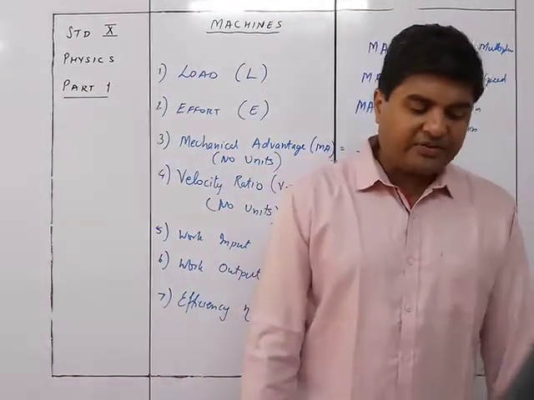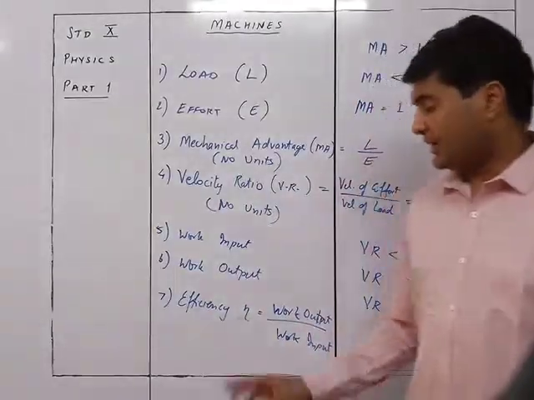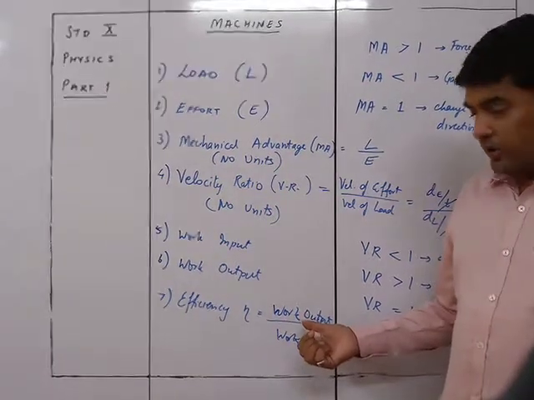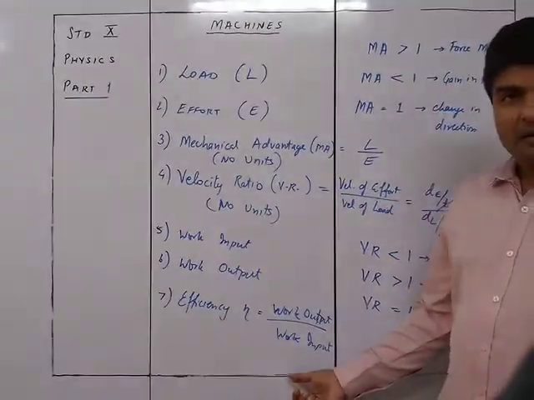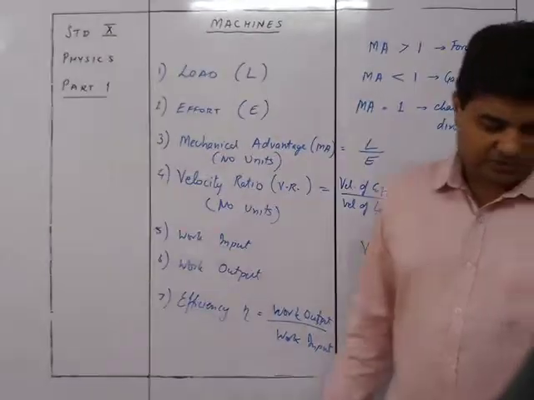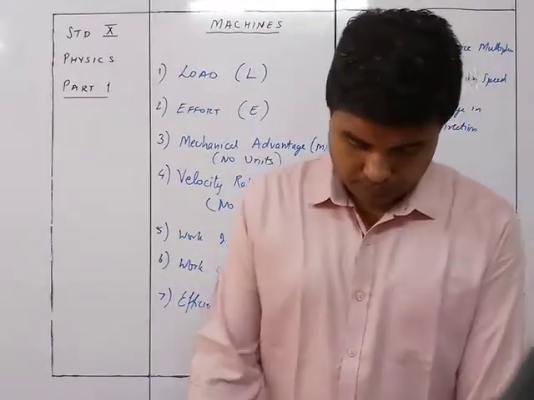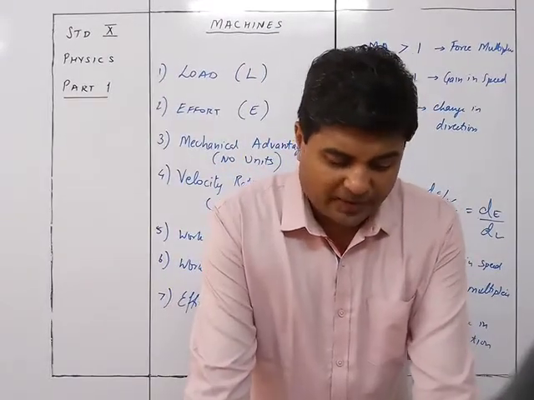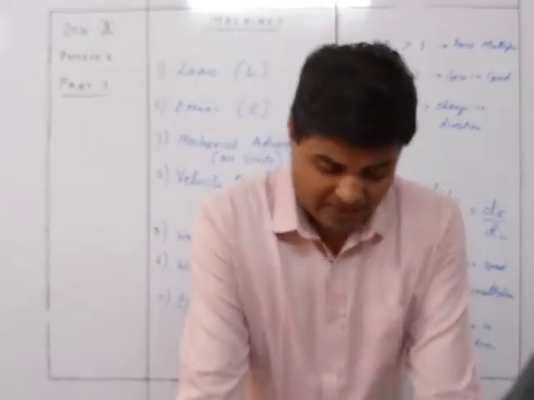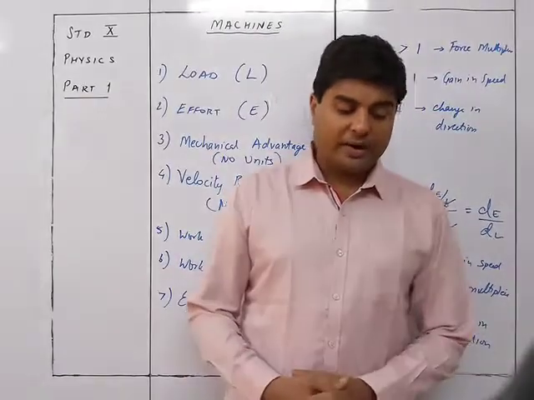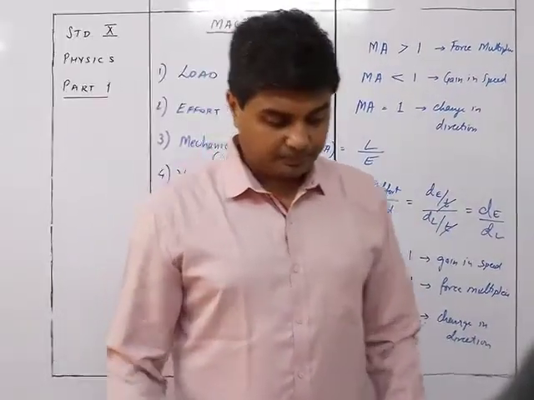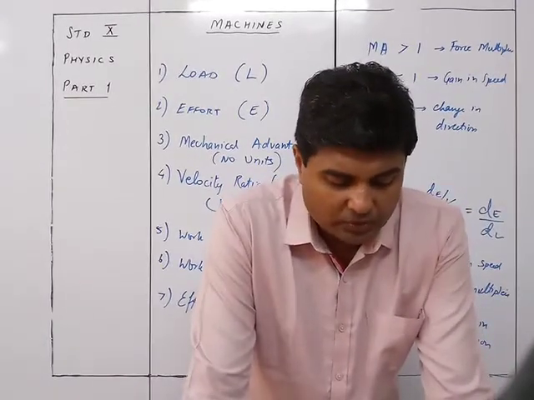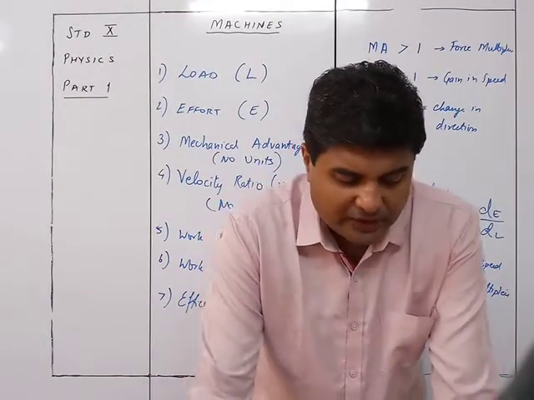So efficiency of the machine is the ratio of the work done by the machine on the load to the work done by the effort on the machine. In other words, efficiency is the ratio of work output to the work input. It is denoted by eta.